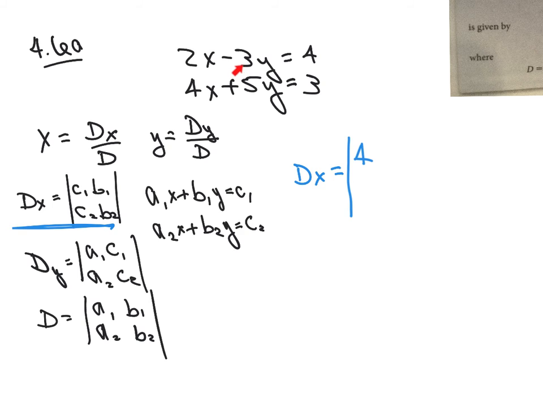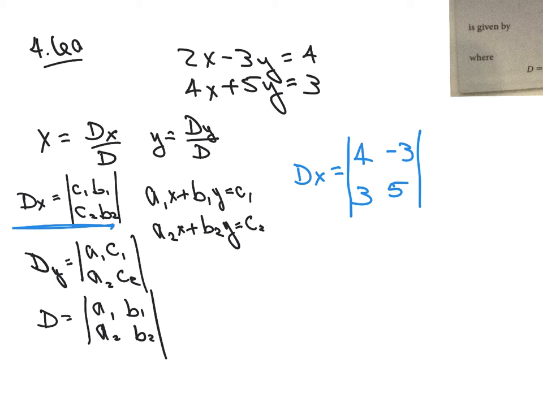What number is that? It is a -3. And then we've got C2, which is the last number of the second equation. So that's going to be a 3. And then we've got a B2, which is this number, which is a 5.